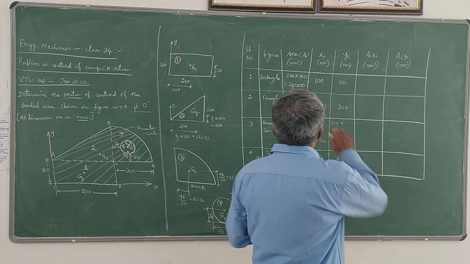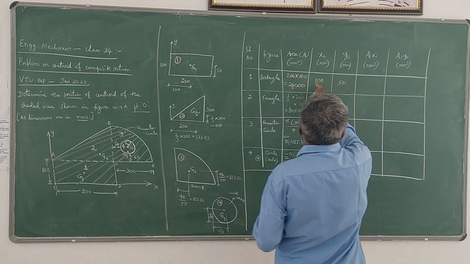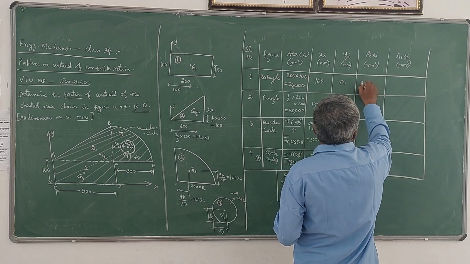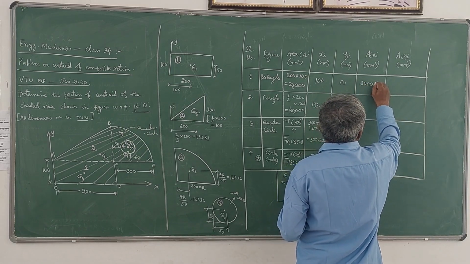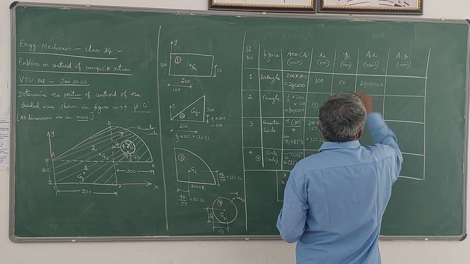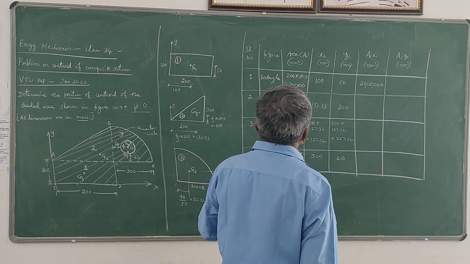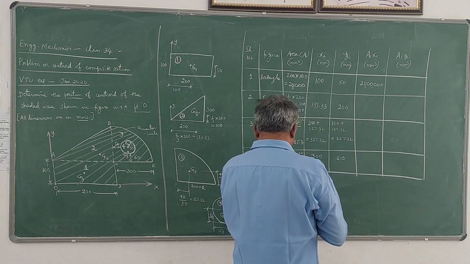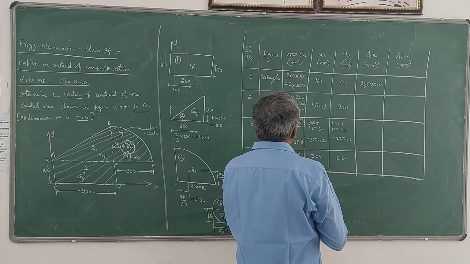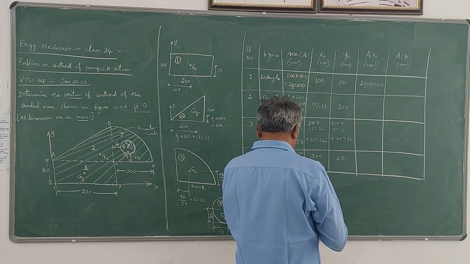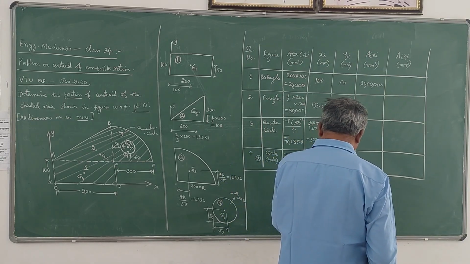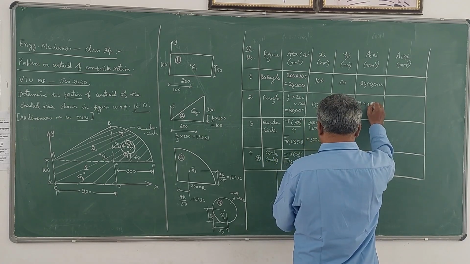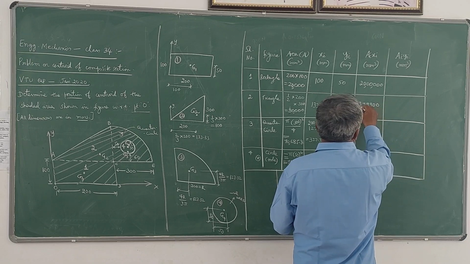Next, I have to take the product of A and x and I have to write here 20,000 into 100. So it is nothing but 2 followed by 6 zeros. You should be very careful here when you are writing the product. So here 30,000 multiplied by 133.33, will be 3999900.